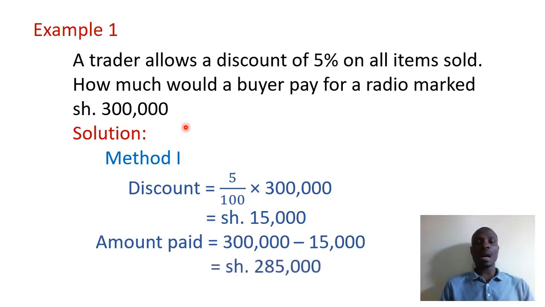So that is the amount that the buyer will pay for that radio, which is marked at 300,000 shillings at a 5% discount. Let's look at the second method.